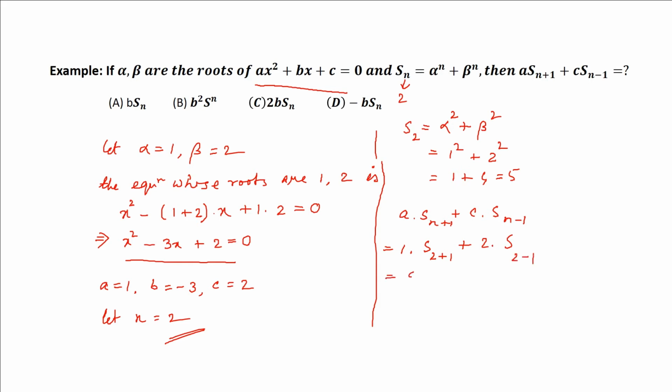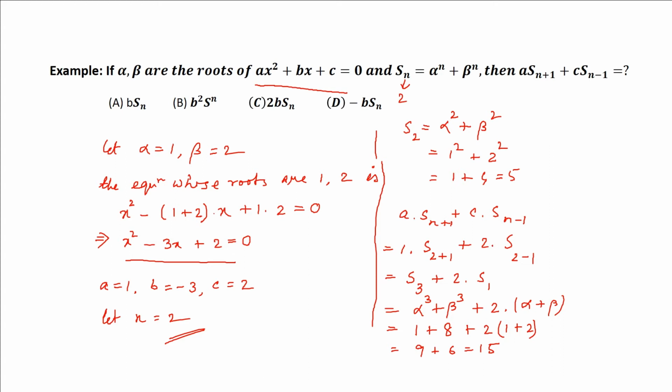So here we get S3 plus 2 into S1, equal to alpha cube plus beta cube plus 2 into S1, that is alpha plus beta, equal to 1 cube, that is 1, plus beta cube, that means 8, plus 2 into alpha plus beta, that means 1 plus 2. So what we get? 9 plus 6 equal to 15.